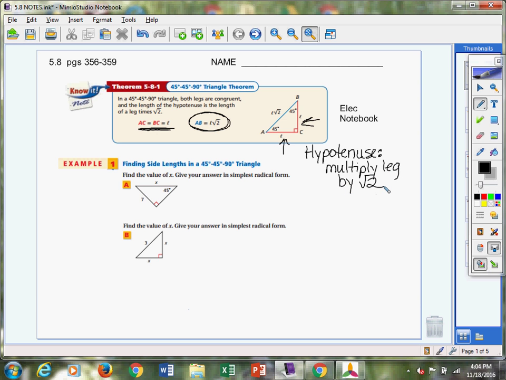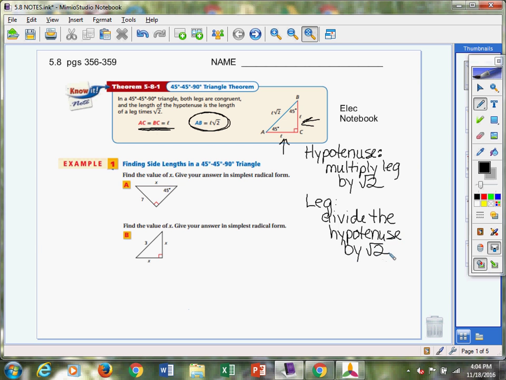That's how you do it. That is, in and of itself, the simplest way I can tell it to you. Now, to reverse that, let's say you're looking for the leg, then what you would do is you would divide the hypotenuse by the square root of 2.